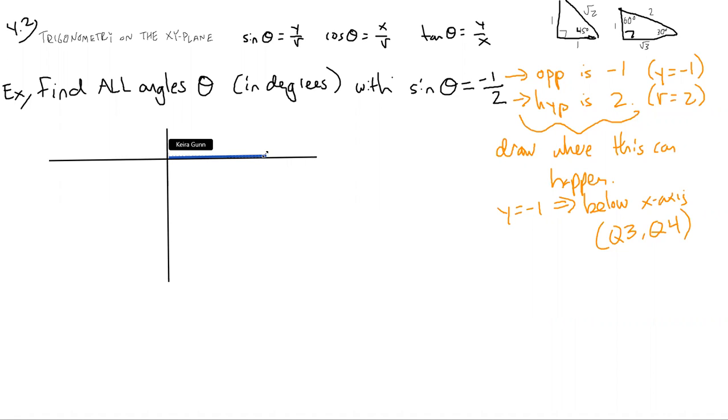I don't care totally what the x is, but what I do need is that y goes down. And so I could have a triangle like that, and I could label this as -1 and 2. And I could also have it in quadrant 3. There's nothing stopping me from being on this side as well.